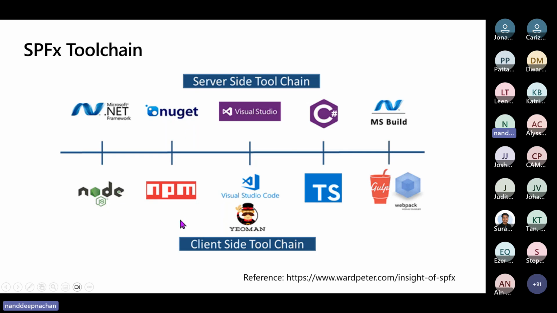Then we have NPM, which is Node Package Manager. There is default functionality provided by SharePoint Framework. But on top of that, you may want to utilize a few capabilities available from third party packages.